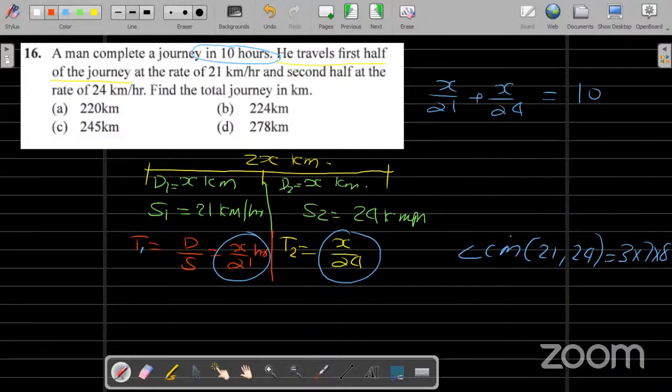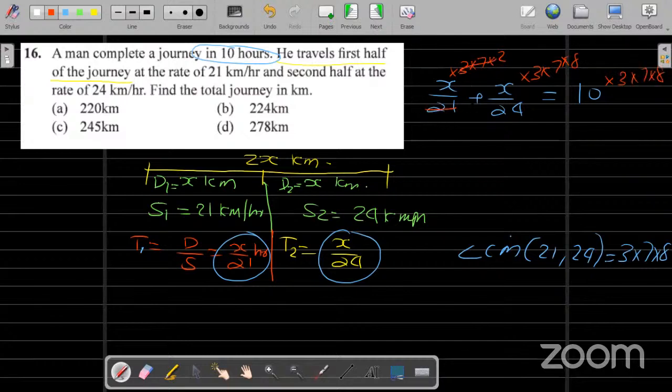Here the denominators are 21 and 24, so we multiply every term by 3 into 7 into 8, and the right hand side also by 3 into 7 into 8.